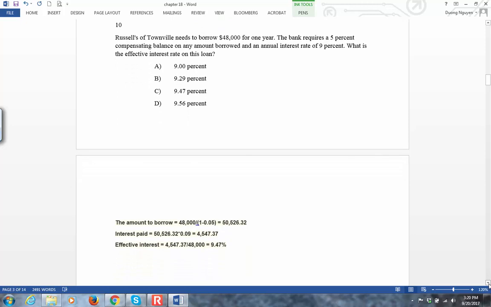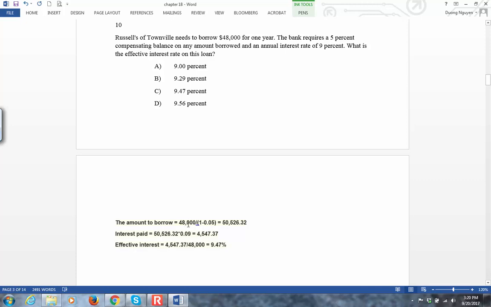Alright, so you have to take into account the 5% commission fee. In order to have 48,000, you need to borrow more to compensate for 5%.